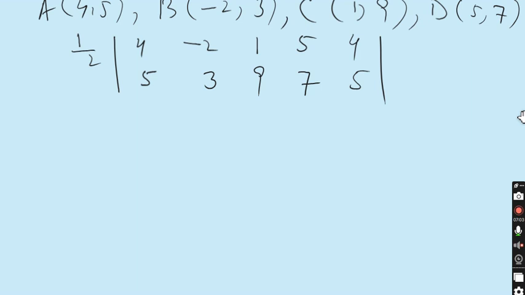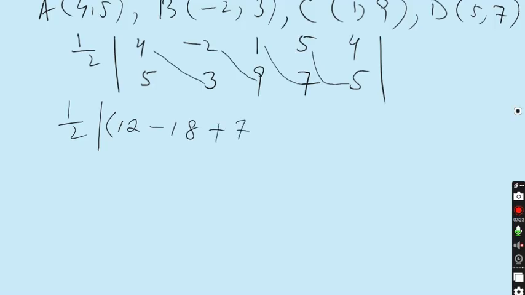Now, what is the method? I already told you in last lecture, but see again. 4 multiplied by 3, minus 2 multiplied by 9, 1 multiplied by 7, 5 multiplied by 5. Open the bracket. 4 times 3 is 12, 2 times 9 is 18, 1 times 7 is 7, 5 times 5 is 25. Negative sign, and then open the bracket.